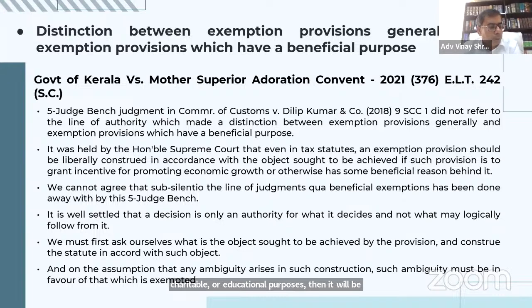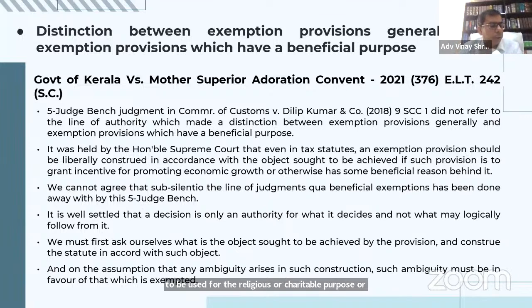Now, in the facts of this case, the building was being used for the purpose of the residence of nuns of a church. So the question arose whether the building being used for the residence of the nuns and hostels of educational institutions can be constituted to be used for a religious or charitable purpose or educational purpose.